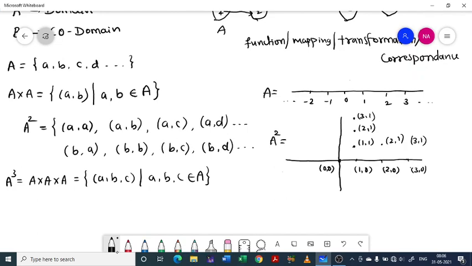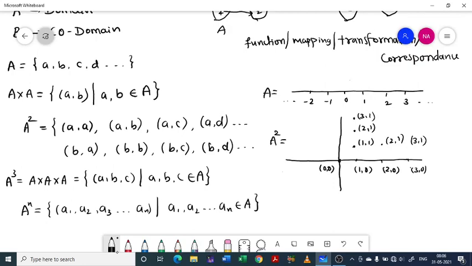So the same thing is going to happen here: A square, A cube. Similarly, you may define A power n, the product of a set with itself n times. How do the entries of this set look like? (a1, a2, a3, and so on, an), where a1, a2, an are all coming from A. Okay, so this is called the product of A with itself.